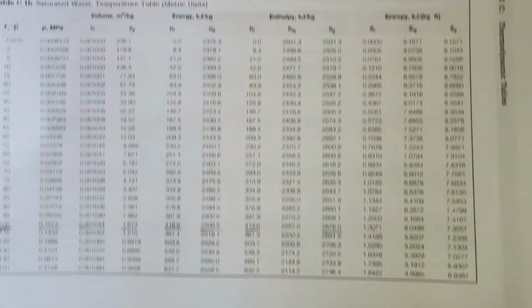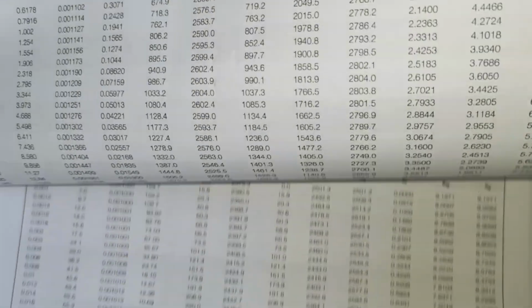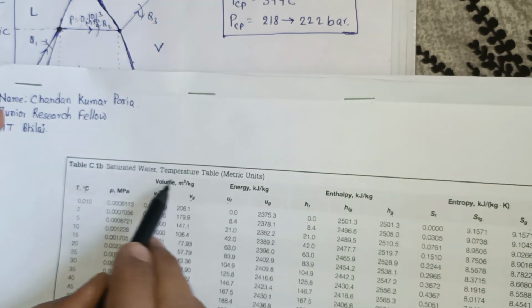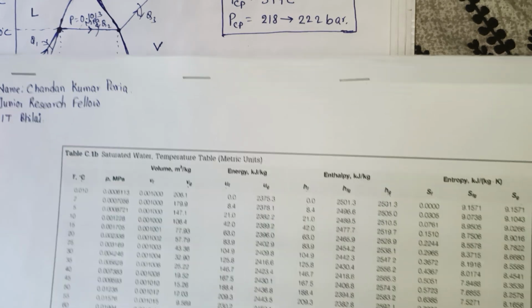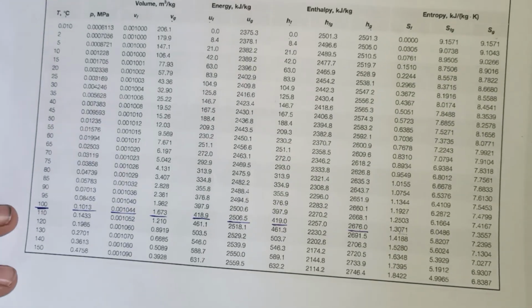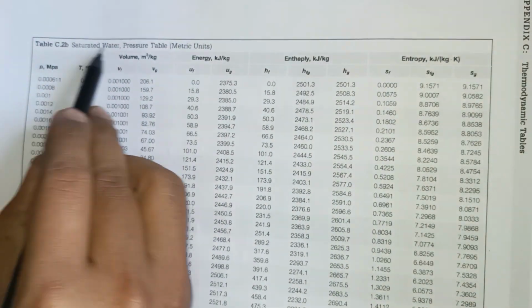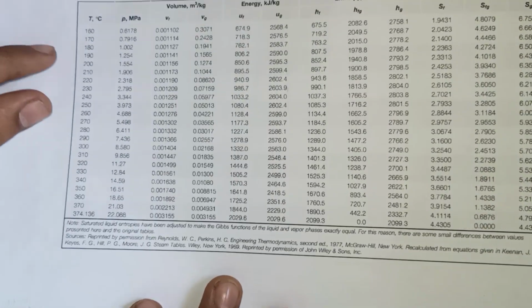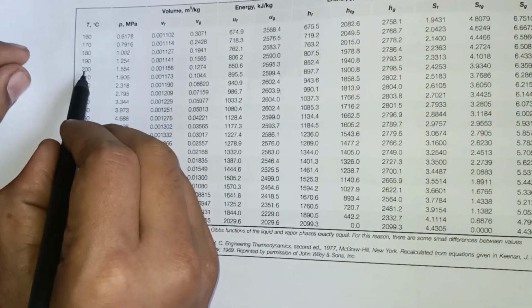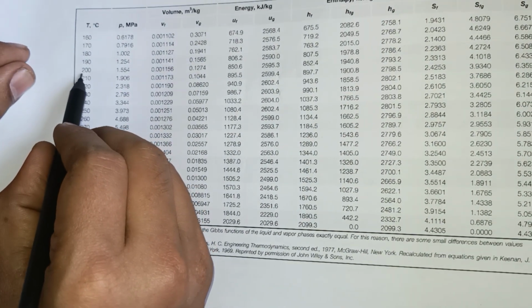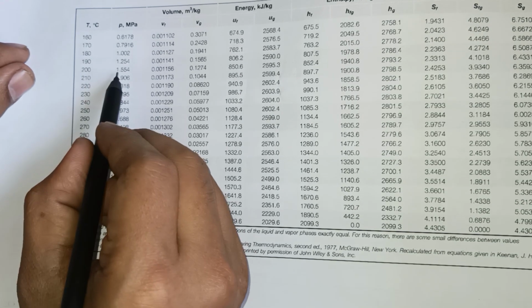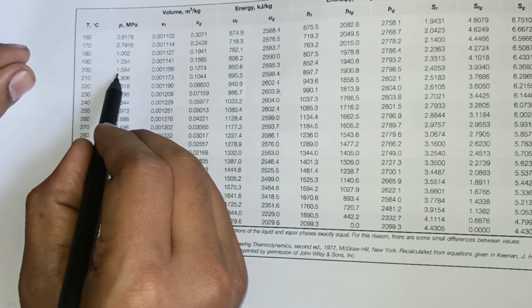Okay, now suppose there is a saturation temperature table and a saturation pressure table. Two tables are there, a temperature table and a pressure table. Suppose 200 degrees Celsius saturation temperature. With respect to this temperature, the pressure will be 1.554.